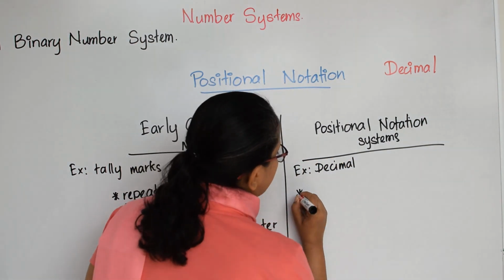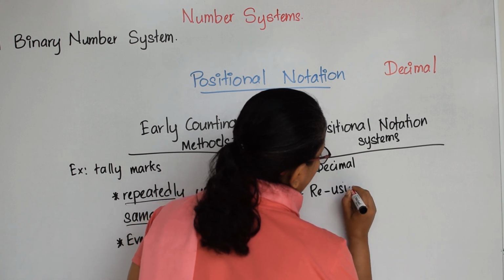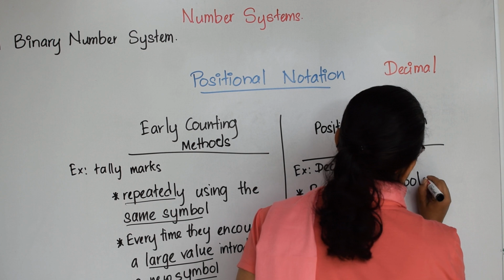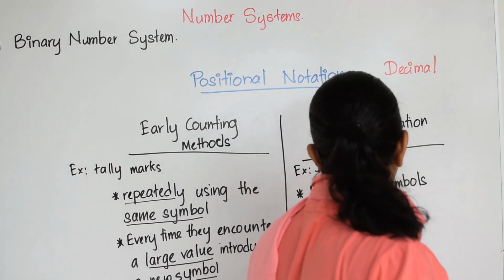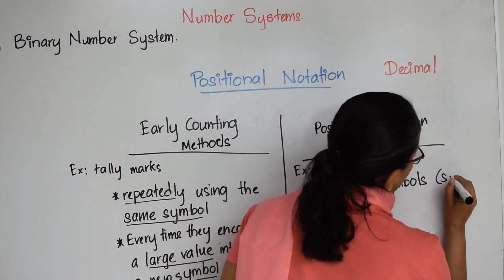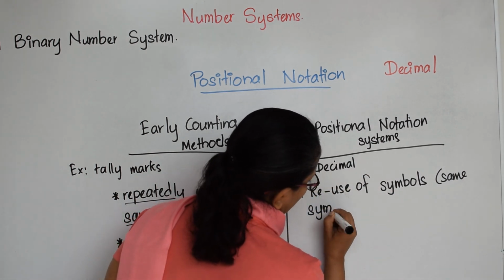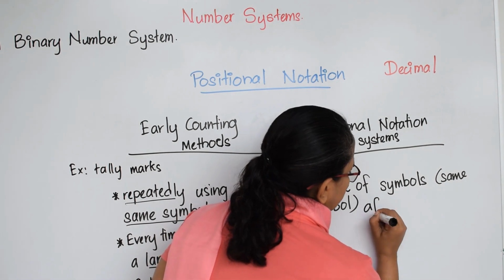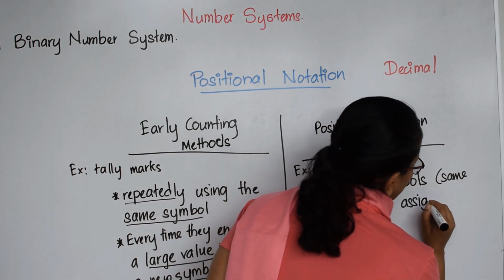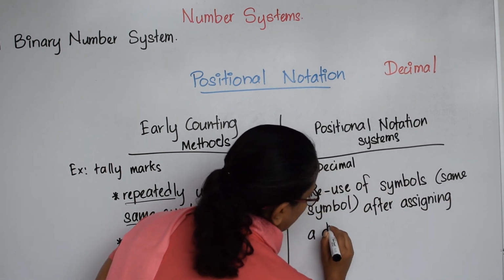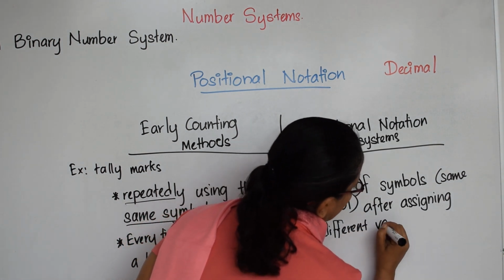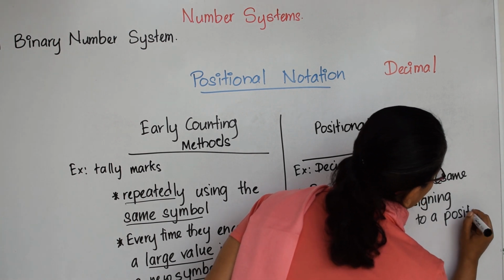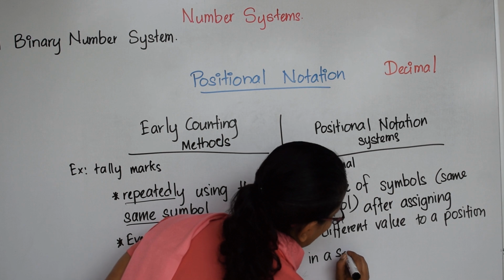In the decimal number system, what happened was they started to reuse the same symbol, but after assigning a different value to a position in a sequence.